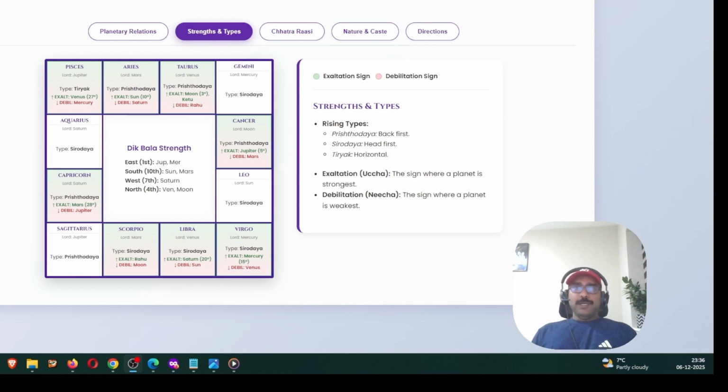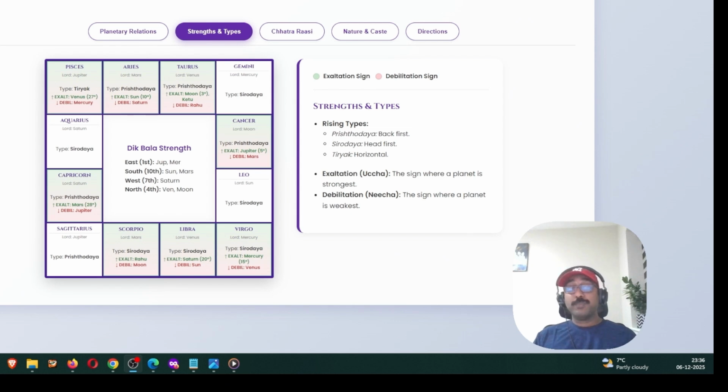So for Taurus, whose lord is Venus and which is a Prishtodaya sign, as I explained, Prishtodaya means rising from the horizon. It starts with the hinder part first. The back of that specific Rashi will rise first. So that's why it is called Prishtodaya.